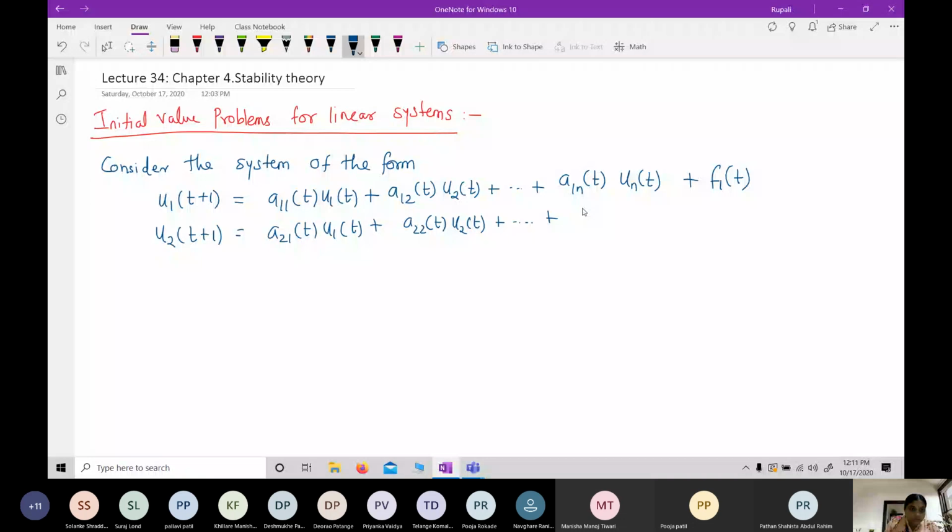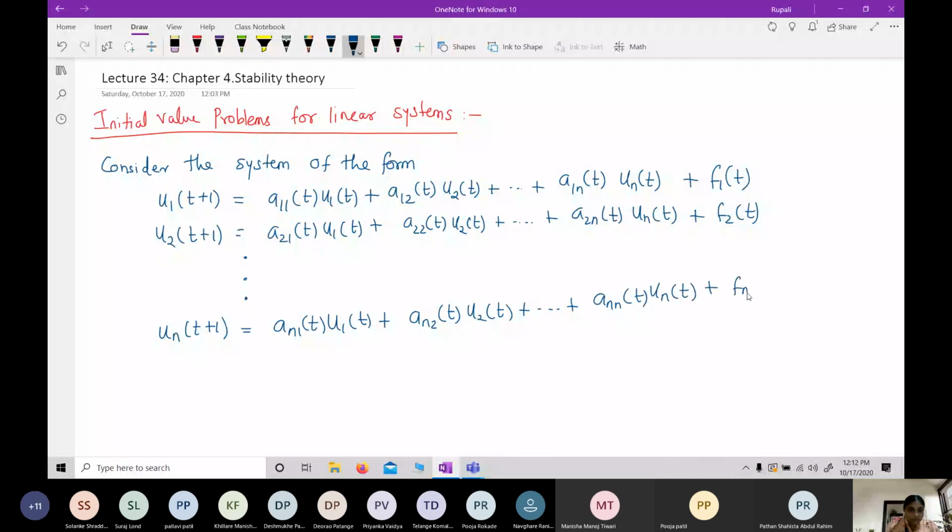Last one as un t plus 1 is equal to an1 of t u1 t plus an2 of t u2 t plus and so on ann of t un t plus fn t, for t is equal to a, a plus 1, a plus 2 and so on.